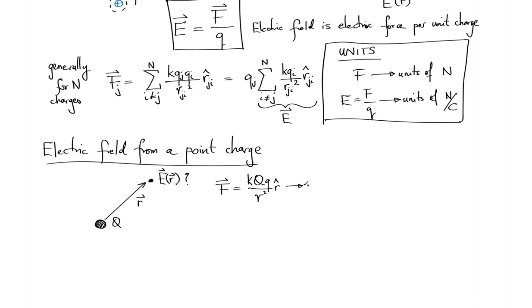And again, since our electric field is defined as the force divided by the magnitude of that little test charge that we placed there, it would just look like K, big Q over R squared, R hat, okay? So that's basically the electric field for the point charge.